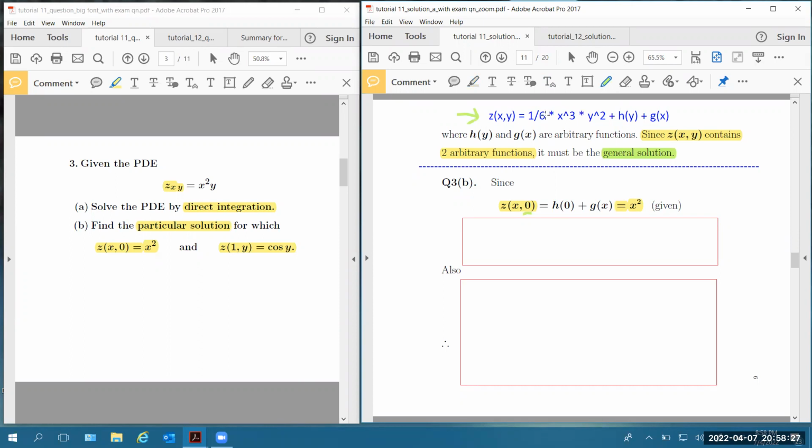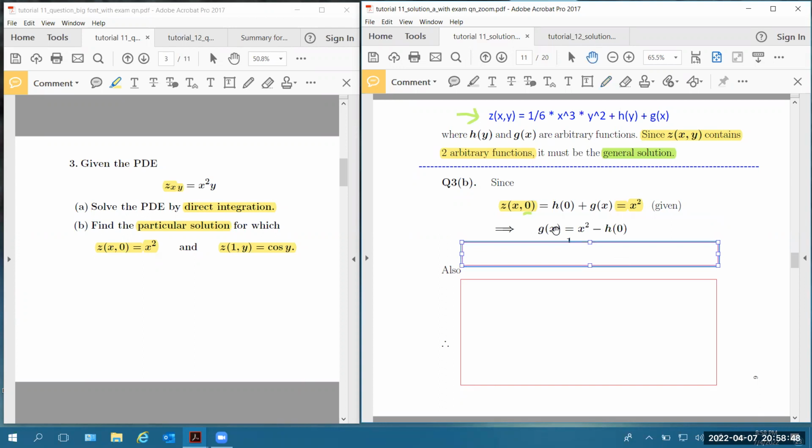So your first term actually is 0, your second term is h(0), and your third term is g(x). So this whole thing is given to be x squared. So from here, you can get your g(x), which is x squared minus h(0).